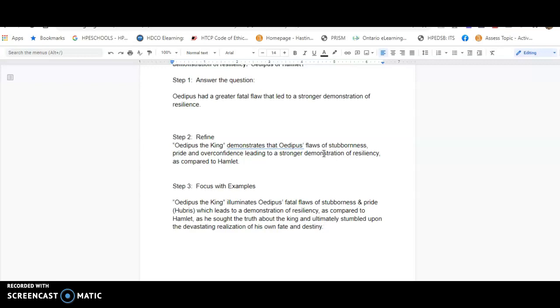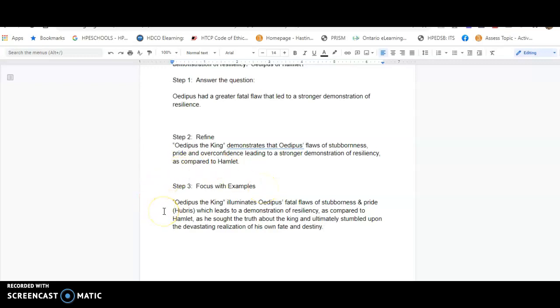If you are referring to these events or this character in the past, you need to make sure that all of your sentences and phrases link it to the past rather than a present tense of this is occurring now. That was something I was very conscious of when I was writing this one, and I may have a few mistakes that I still need to figure out. So I've answered what the flaws were, but for this stronger demonstration of resiliency, I don't really have a whole lot of details there. Step number 3 is to provide examples.